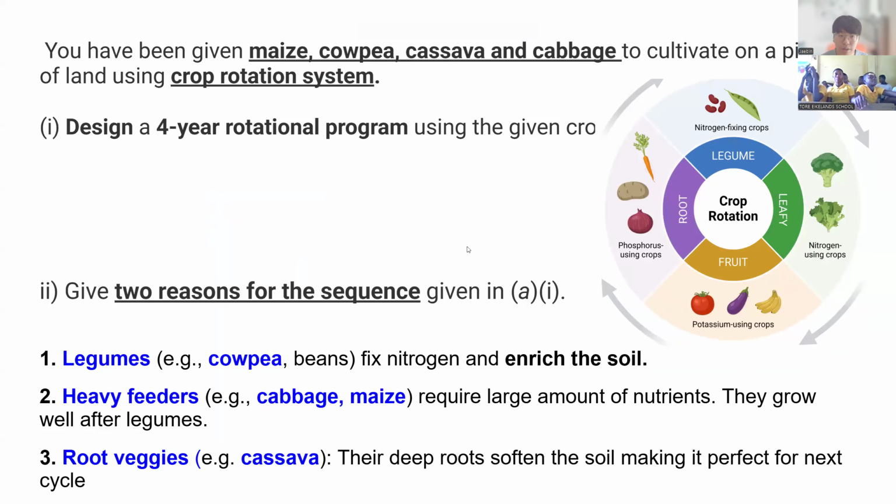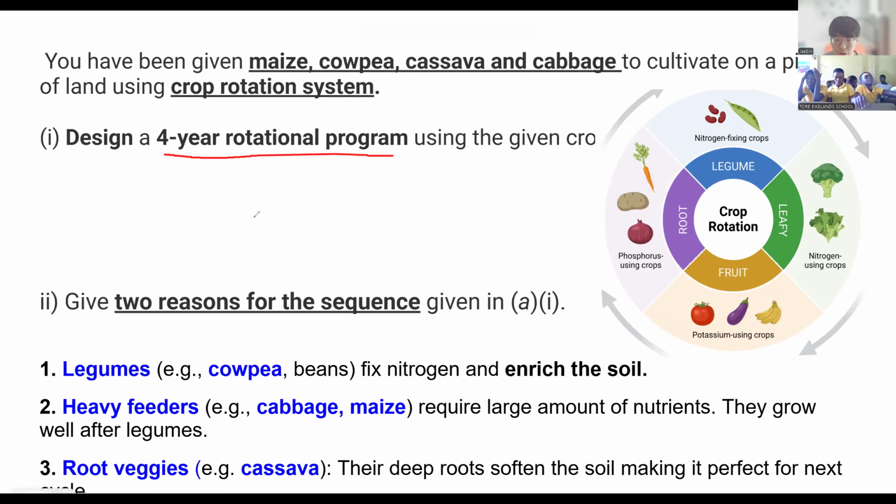So you have been given maize, cowpea, cassava, and cabbage to cultivate on a piece of land using the crop rotation system. Can you design a 4-year rotational program using maize, cowpea, cassava, and cabbage?